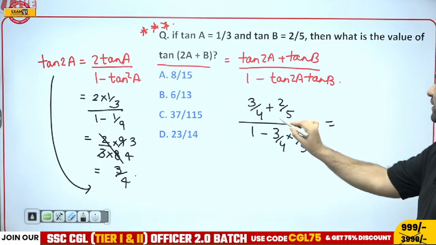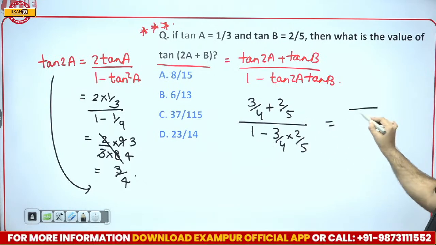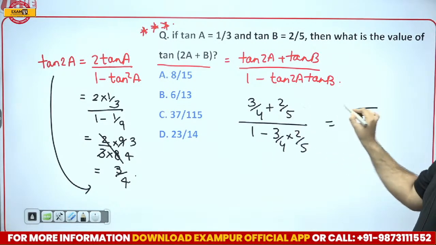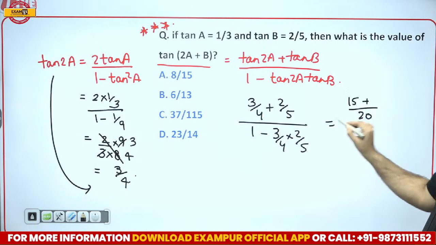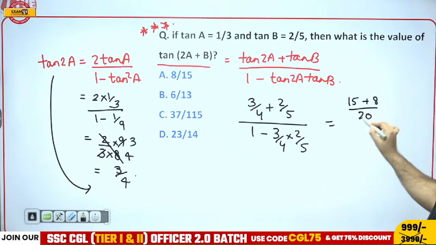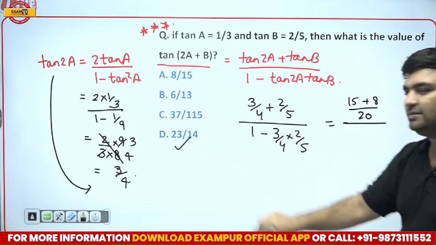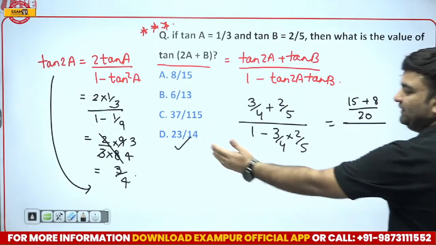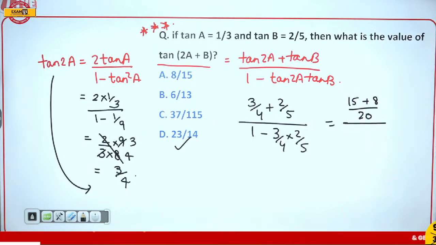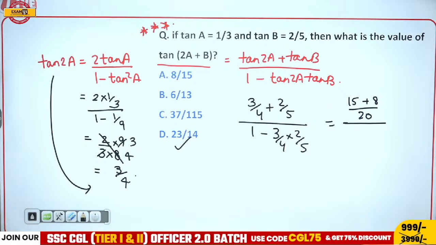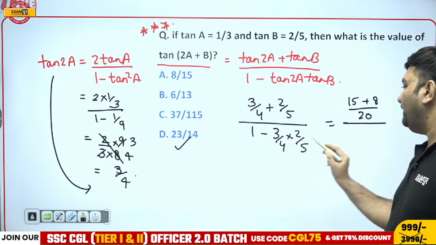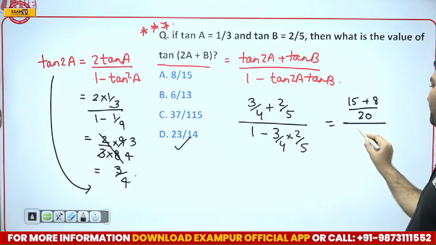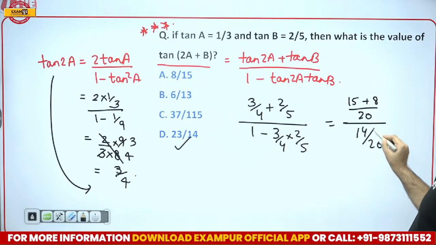So LCM 20. 4 5s are 20, 5 3s are 15, plus 5 4s are 20... 4 2s are 8. 23 is coming in the numerator. Obviously, this is the answer. Let's do it completely. 20 minus 6 is 14, so 14 by 20.